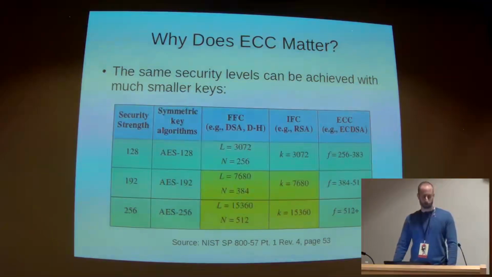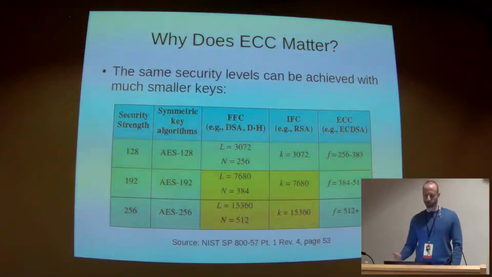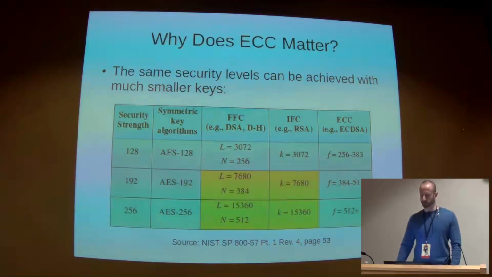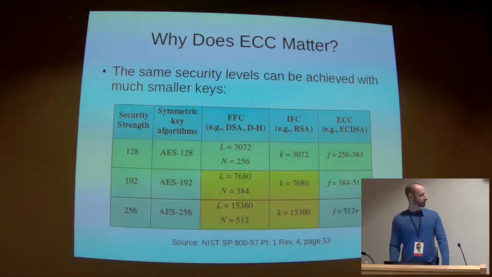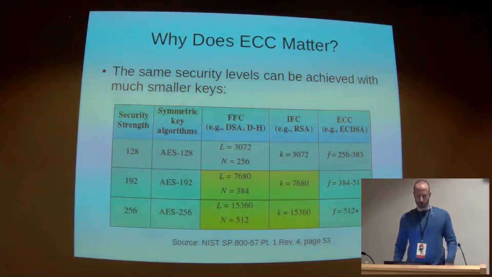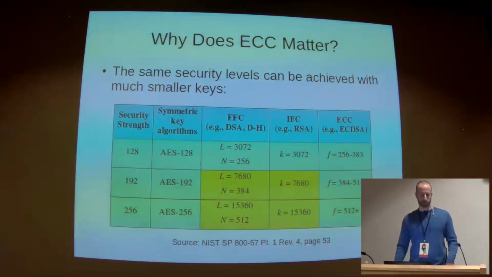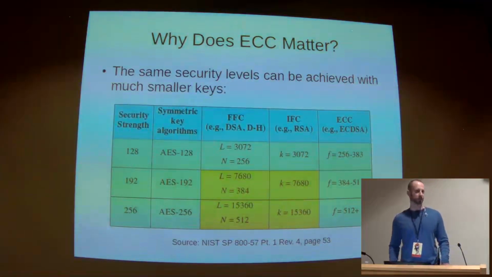In the ECC world, it's somewhere around 256, with a range of 256 to 383. So it's much smaller. Look at the last row: 256 bits of effective strength. In the traditional crypto world, you need a 15,000-bit key.